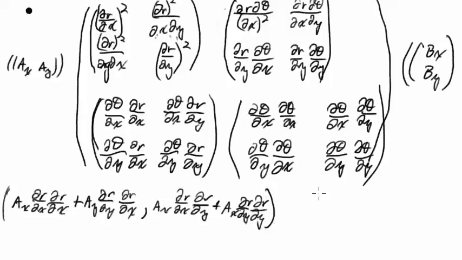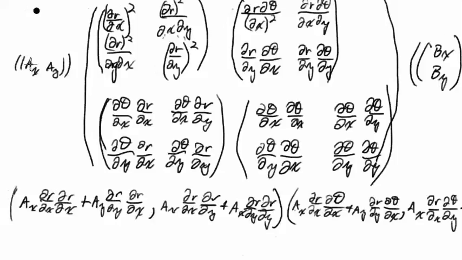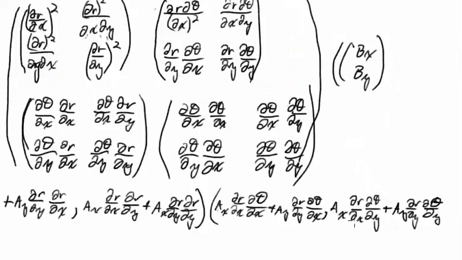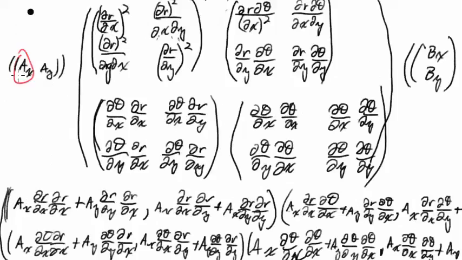So that is the first grouping, and then we'll do the same with this matrix over here. We'll have a sub x ∂r/∂x ∂θ/∂x, plus a sub y ∂r/∂y ∂θ/∂x. And then we ran out of room, but it's a sub x times ∂r/∂x ∂θ/∂y plus a sub y times ∂r/∂y ∂θ/∂y. All right, then I'll do a sub x times ∂θ/∂y ∂r/∂x, yes, that one.